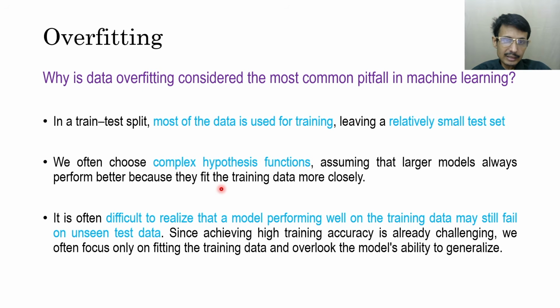So this is why we frequently encounter the overfitting problem. Finally, it is often difficult to realize that a model performing well on the training data may still fail on unseen test data.